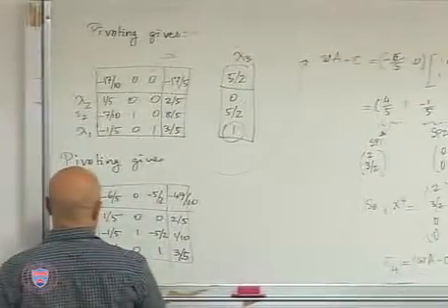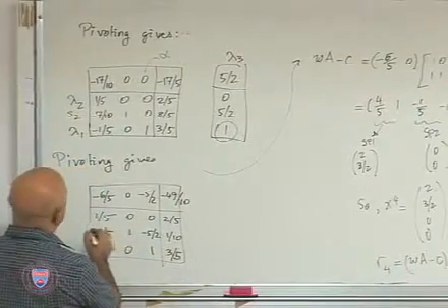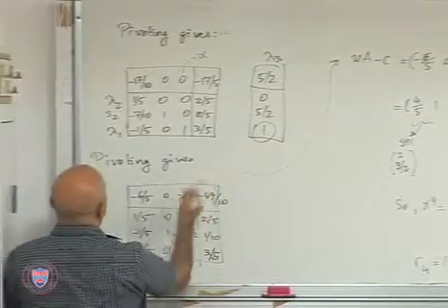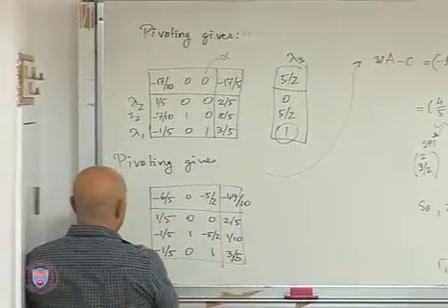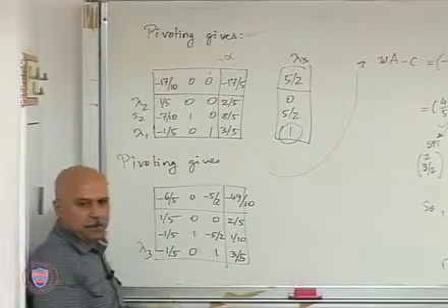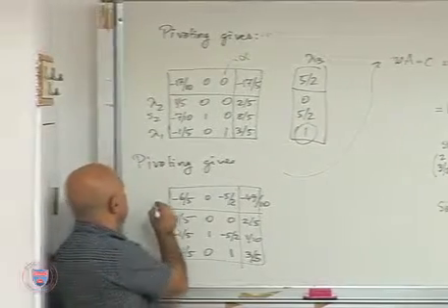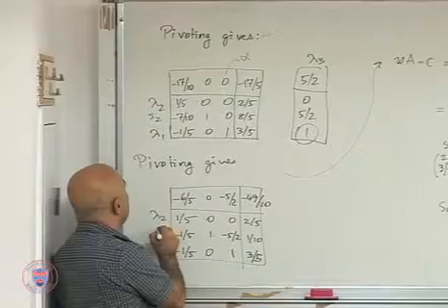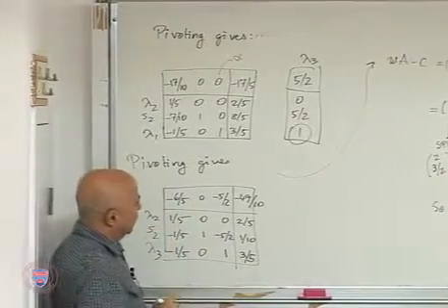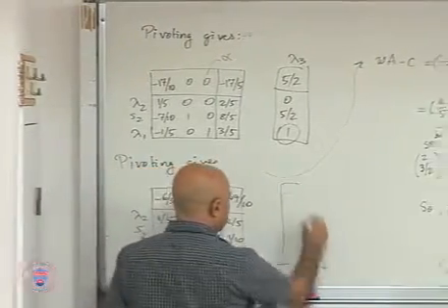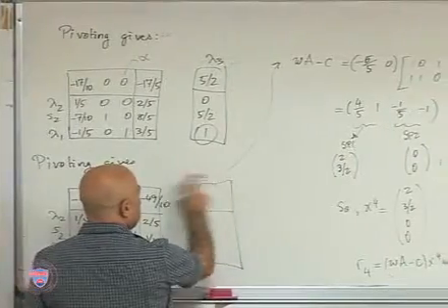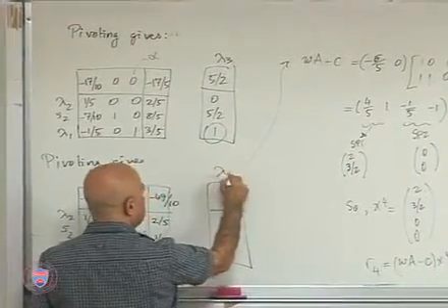By the way, what are the basic variables here in this tableau? We pivoted on this one, so lambda 1 is replaced by lambda 3. That's the last basic variable. The other ones are lambda 2 and S2. Okay, so here we've got lambda 4 now.